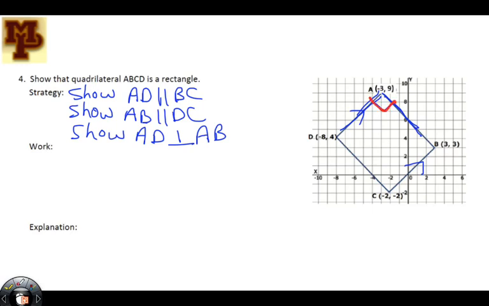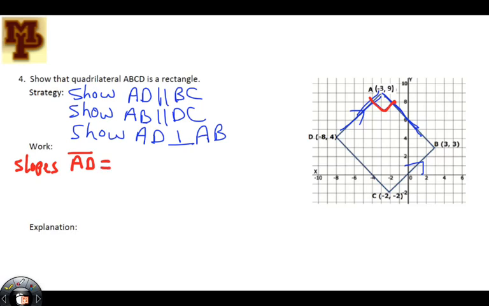Alright, so let's do the work. So we're going to subtract, let's figure out the slope. These are all slopes, okay? So slope of AD, we're going to subtract those y's on top.